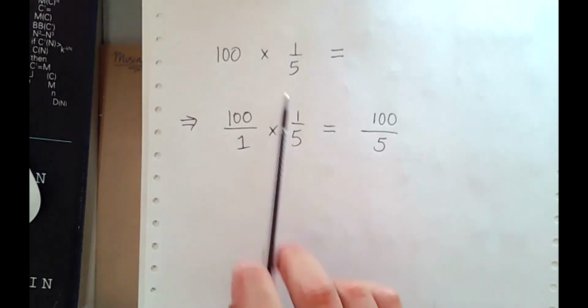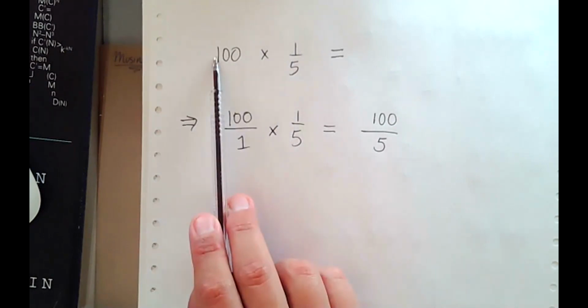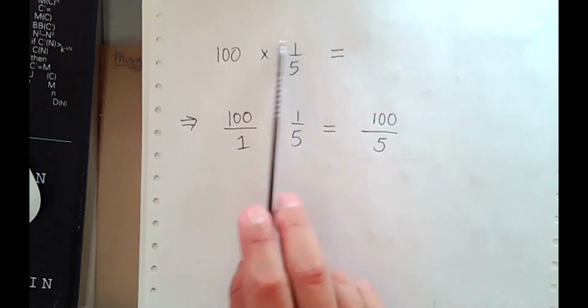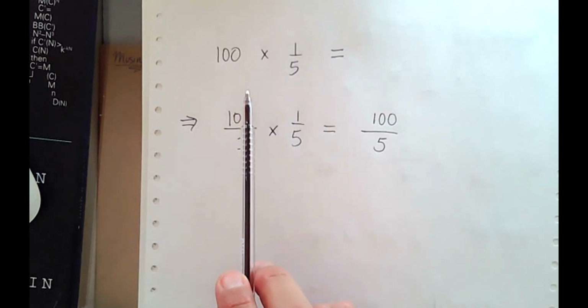Does anybody know what 1/5 of 100 is? Like if you had a $100 bill and you wanted a fifth of that. 20. I think I heard somebody say it. 20.